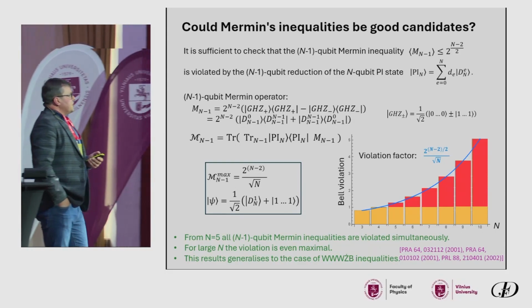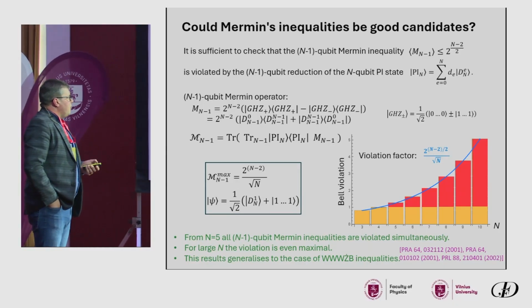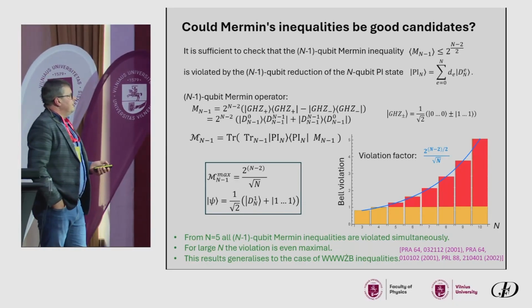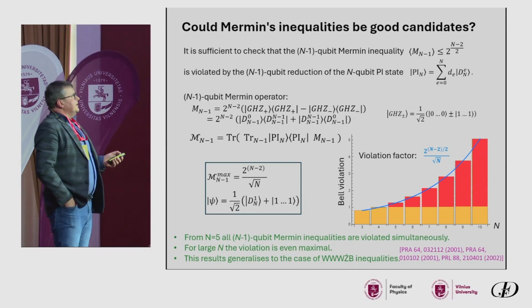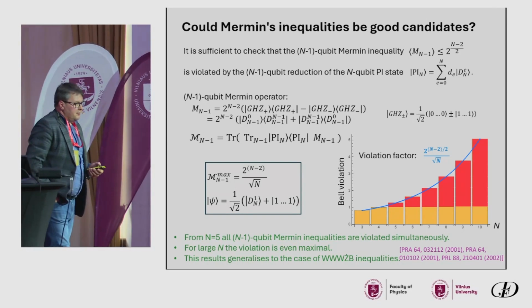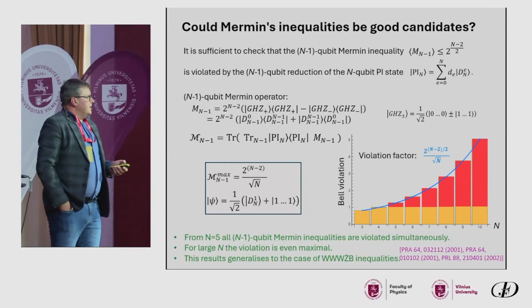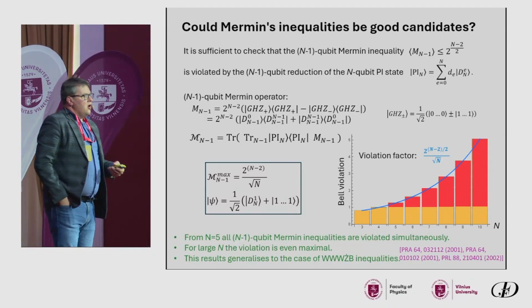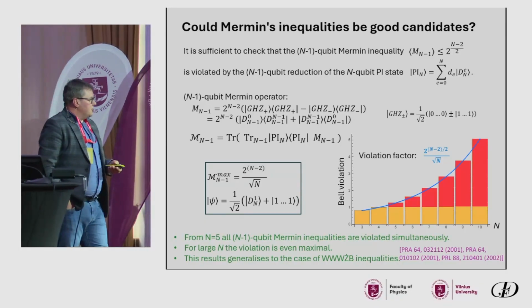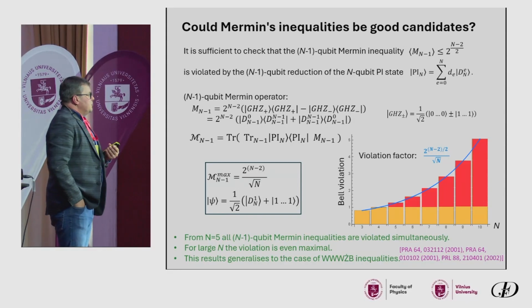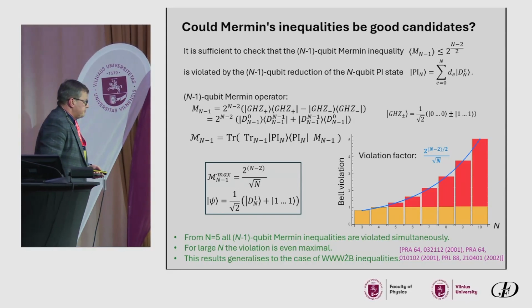And it is interesting that from n equal to 5, the expectation value is greater than the classical bound. It means that from n equal to 5, all Mermin inequalities in all configurations are simultaneously violated.